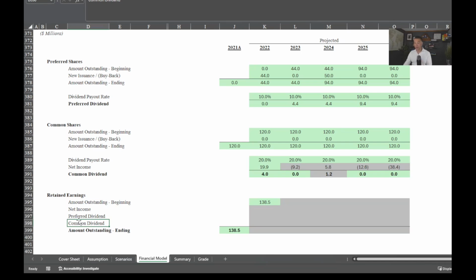This is important because since we have preferred and common, I'm going to take that first net income. If I wasn't subtracting out preferred dividends, I could take out the net income to common because I already subtracted out the preferred. So I don't want you just to memorize it. I want you to think it through. We're going to grab the net income.